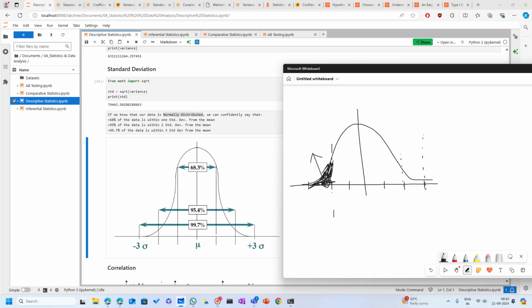So this is your 3 sigma. These people are paying the highest, and these people towards the left are paying the least.